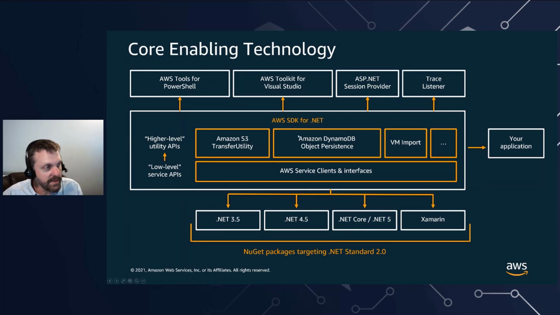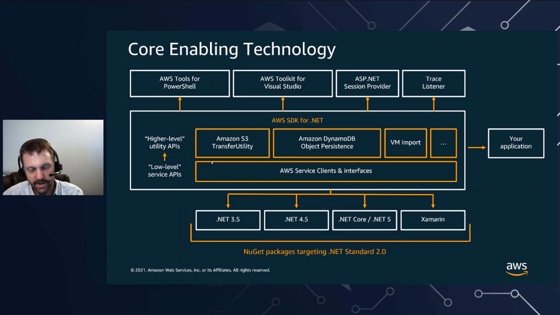So here in this diagram, you can see the structure of the SDK, and in particular, we have different levels of APIs. We have the regular service level API for interfacing with normal services. But then we have these higher level utility APIs.